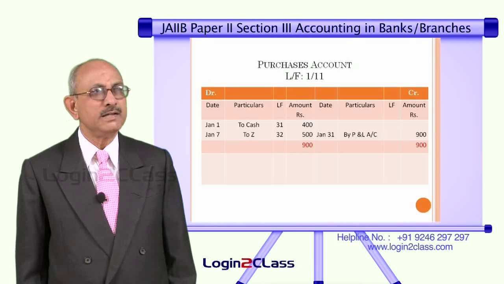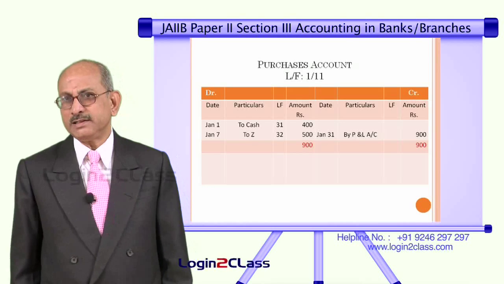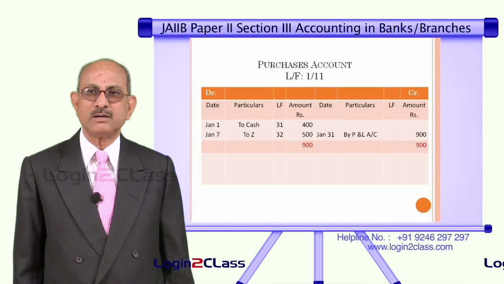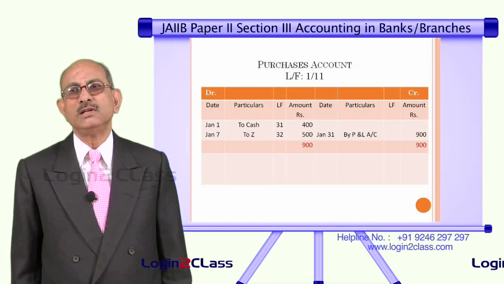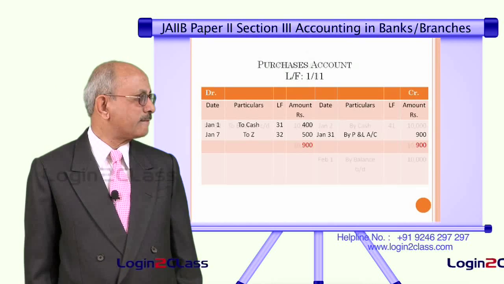Only in the case of real and personal accounts, that is in the case of, let us say, cash account, or a bank account, or Y's account or Z account, these are real and personal accounts, the balances are carried down to the next accounting year.